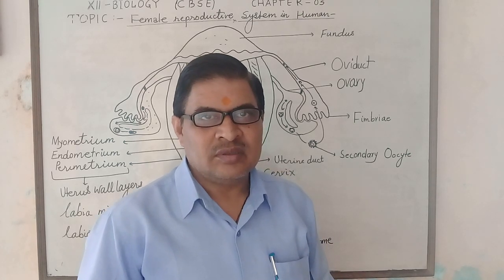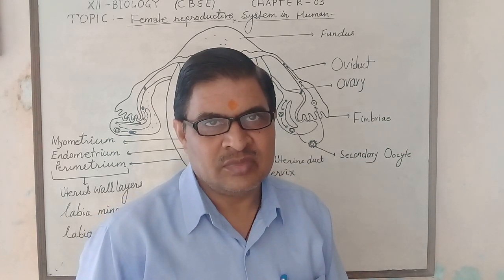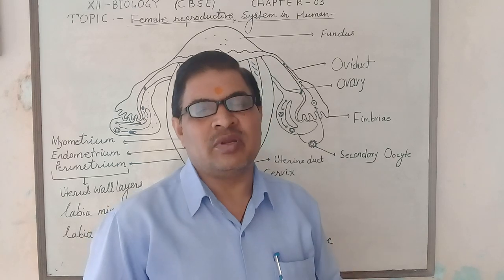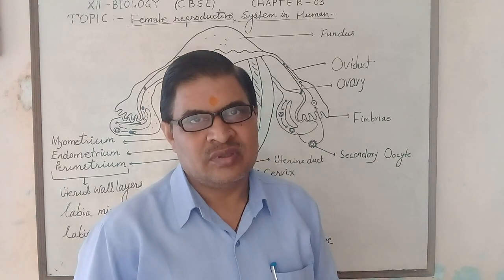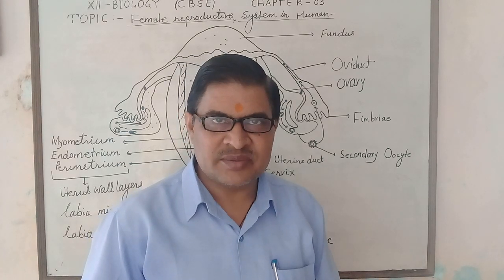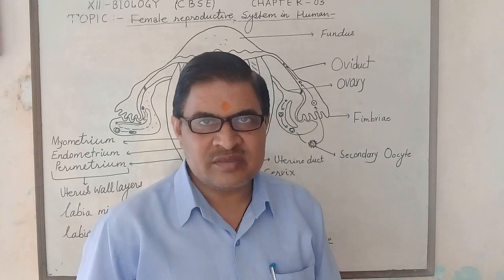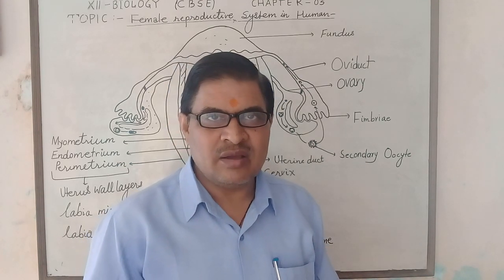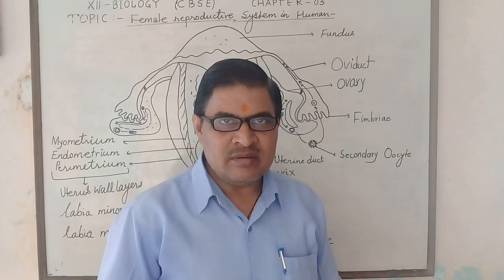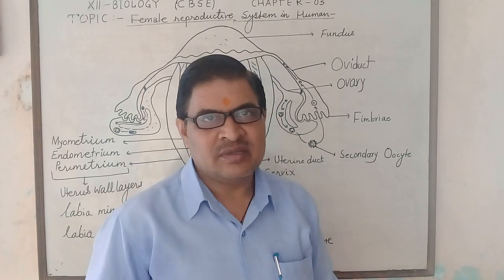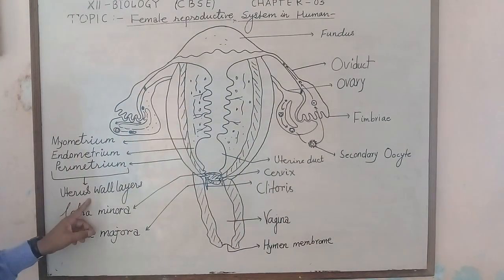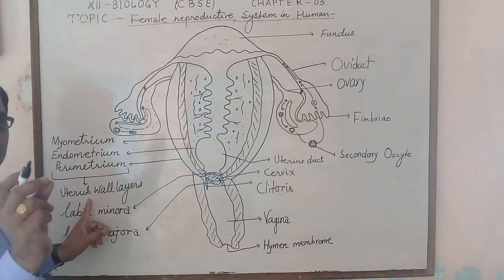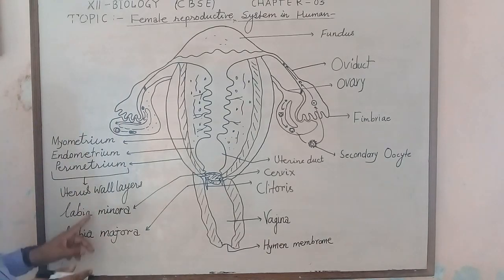The female reproductive system has not only the ovary but other parts also, like the uterus, oviduct, and vagina. The uterus is made of three wall layers.